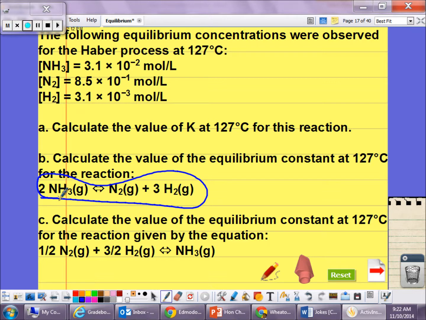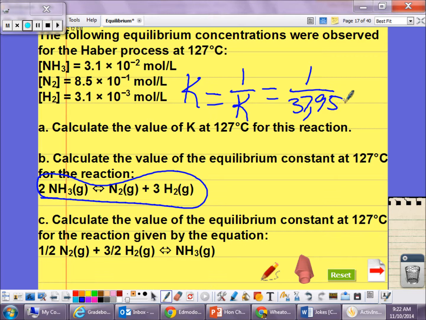All right. So how do I find K? K equal. The equation is reversed. So how do we find K? It is the inverse of the original K, which is 1 over, was it 37,950?